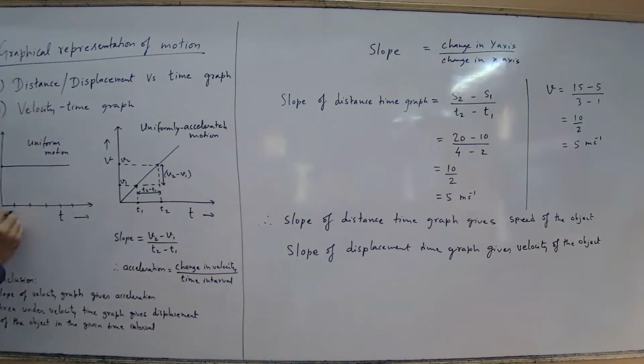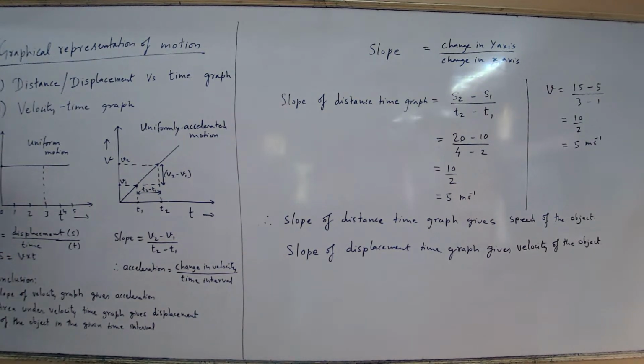So let's say this is 0, 1, 3, 5. What is the formula for velocity? It is equal to displacement upon time. You know that, right? So displacement S upon time, therefore S is equal to V into T. Isn't it?